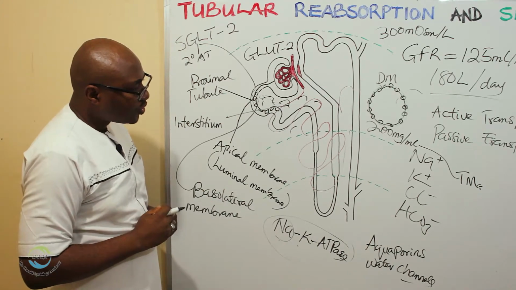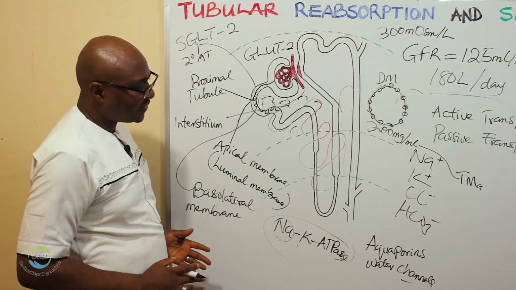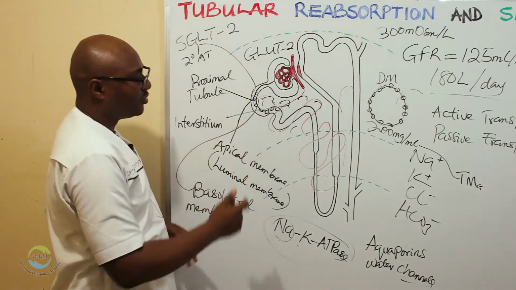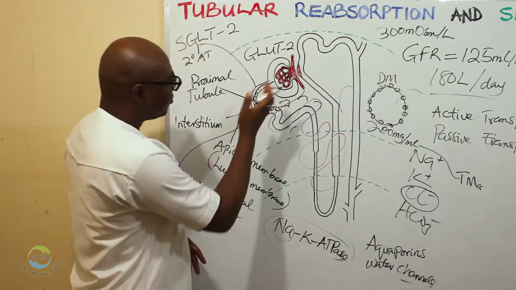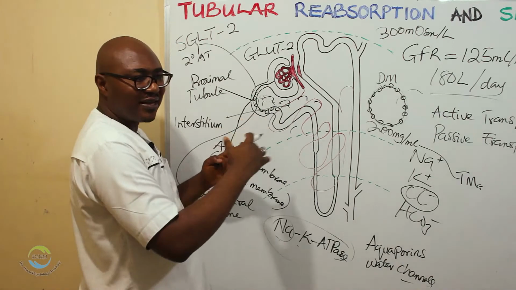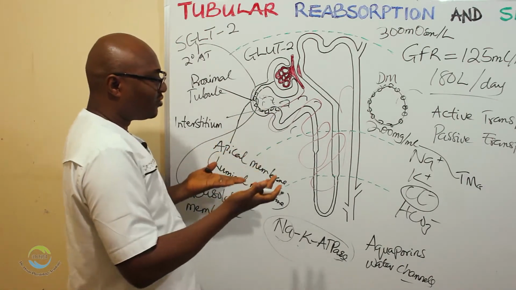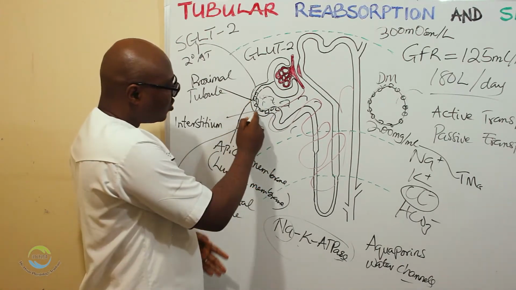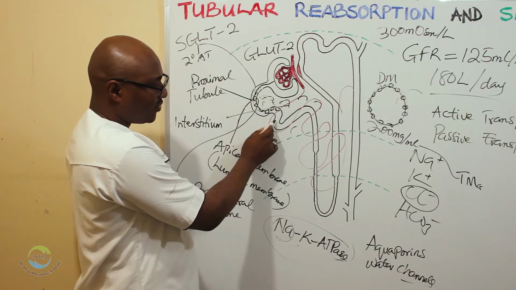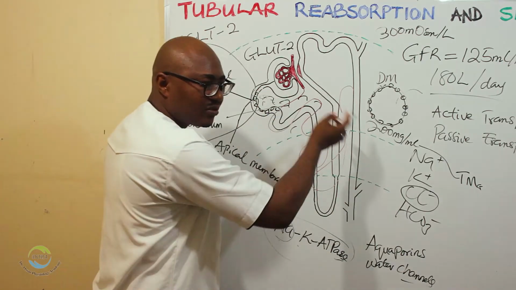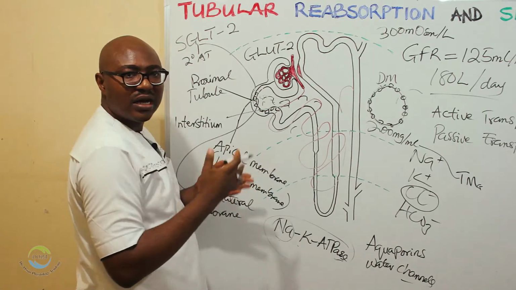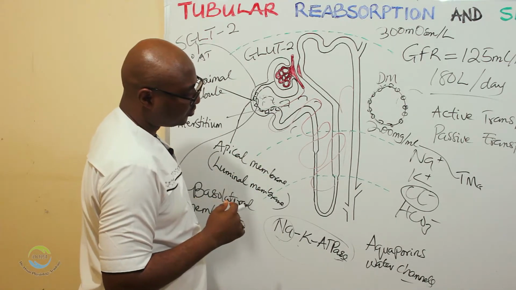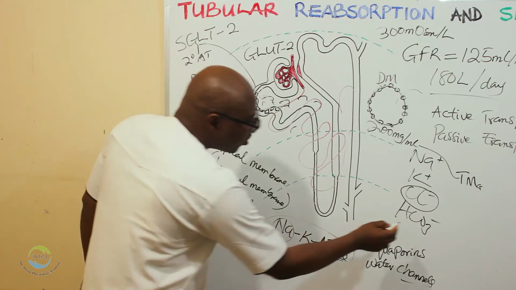So what other substance is reabsorbed? Chloride. When water, sodium, and all of that are reabsorbed, the concentration of chloride slowly increases as it's going down. So it now favors the diffusion of chloride. It's called anionic diffusion.